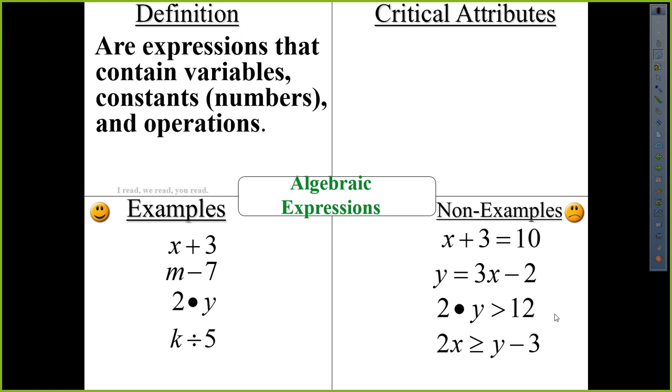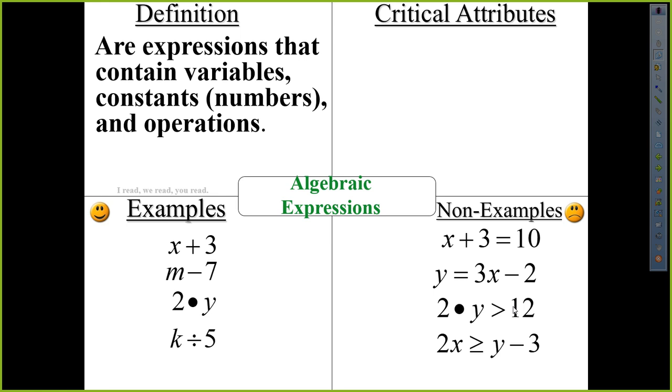But what else do you see that is very obvious that these have different than these? The greater sign and the equal signs. That is correct, guys. These are equations. These are inequalities. That's why they're not expressions. That's the only difference between expressions and non-expressions.